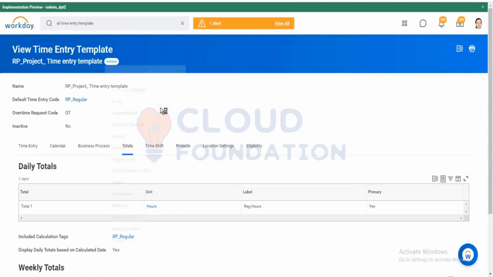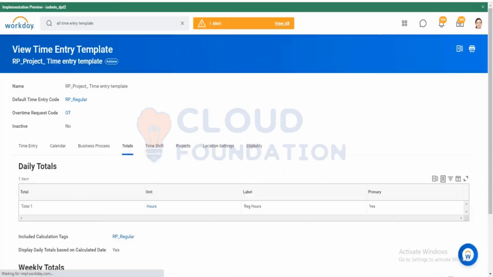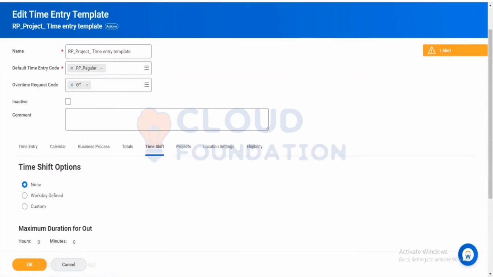Now let's talk about the other part, time shift. So what do you understand by the word time shift? If the employees are working in shifts, the calculation varies a lot.